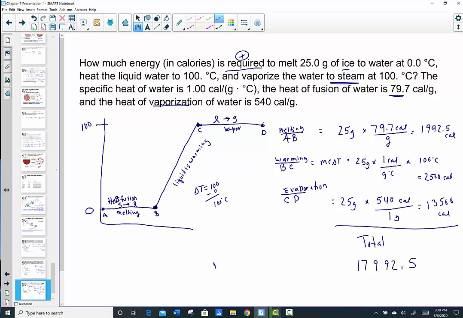17,992.5. Let's get that to 3 sig figs. Ooh, we've got to round 79 up, don't we? 100 and, oh, this one's tough. This is the number I need to round, which is going to be creating 180, which means I need a scientific notation.